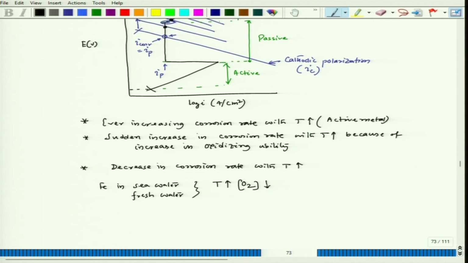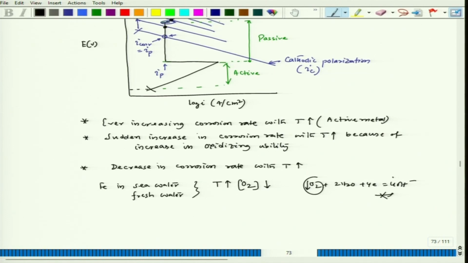concentration decreases, and we know that oxygen is basically the oxidant which actually gets reduced, and that is the reduction process. It can be O2 plus 2H2O plus 4e equal to 4OH minus. So, if this concentration decreases, the reaction would not go at a higher rate, and definitely the corrosion rate also would decrease.